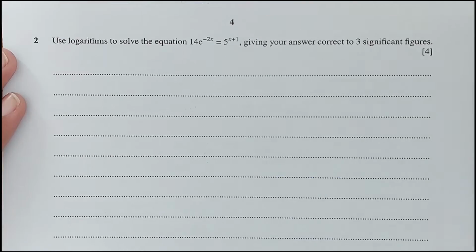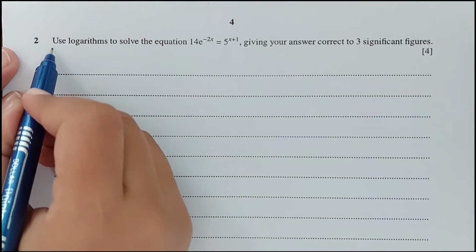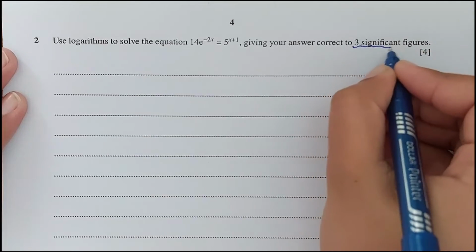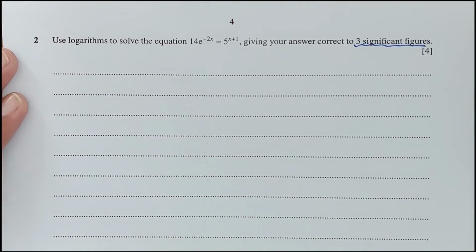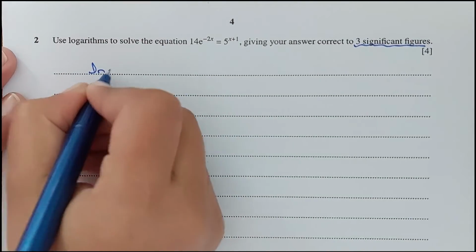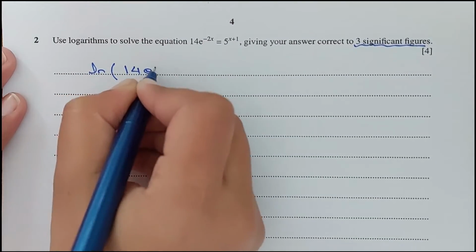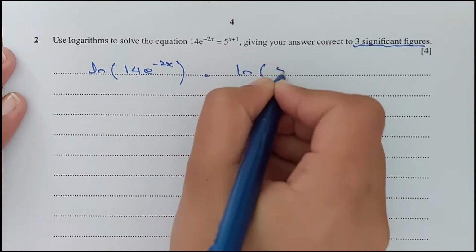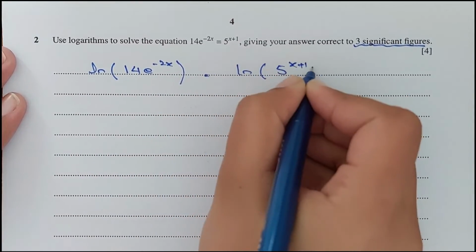Question number 2. Use logarithms to solve the equation, giving your answer correct to 3 significant figures. We have to take natural log on both sides. So ln of 14 e to the power minus 2x equals ln of 5 to the power x plus 1.